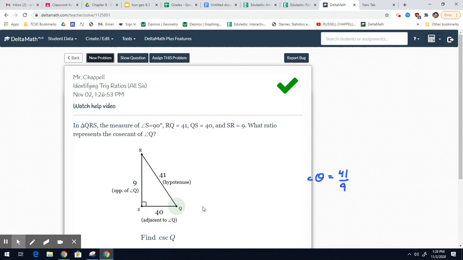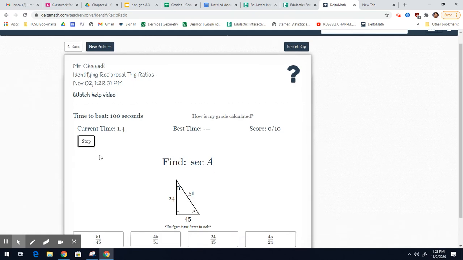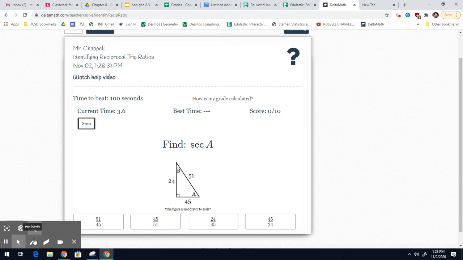And then let me just show you the high-speed ones again, the quick pace ones. So again, these are the timed ones. You have to do 10 again. So if I'm starting here, I want to do the secant of A. So again, if I'm just slowing it down, the secant of A is related to the cosine of A. So if I find the cosine of A, which is adjacent over hypotenuse, from A, 24 is the opposite, 51 is the hypotenuse.